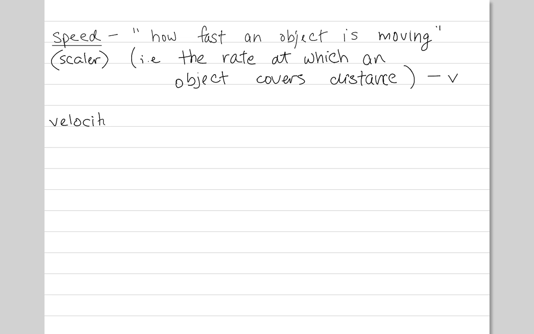Now into velocity. Velocity being a vector, it is direction aware. So velocity is the rate at which an object, and we can contrast this with speed, it's not the rate at which an object covers distance, but it's the rate at which an object changes what?